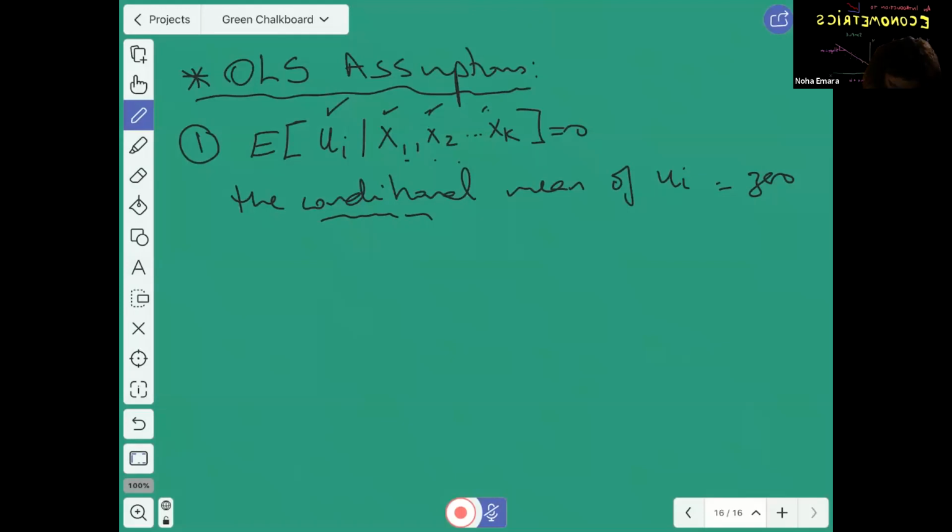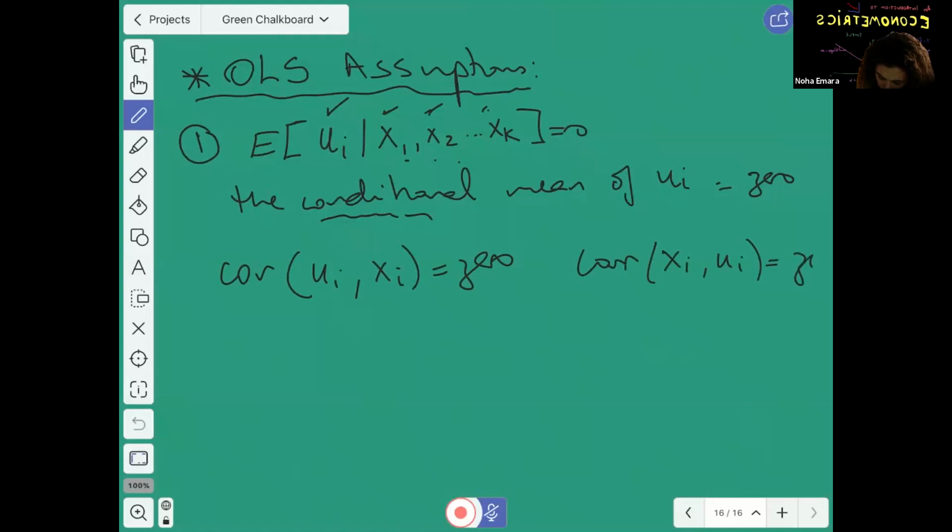This also implies that the covariance of the error term and xi is equal to 0. They do not covary together. The correlation, which is computed from the covariance of xi and ui, is also equal to 0.